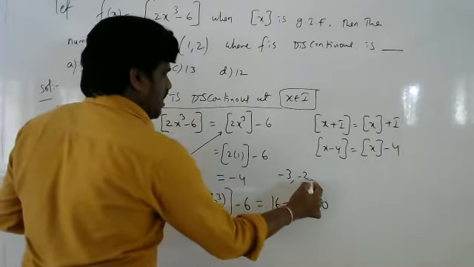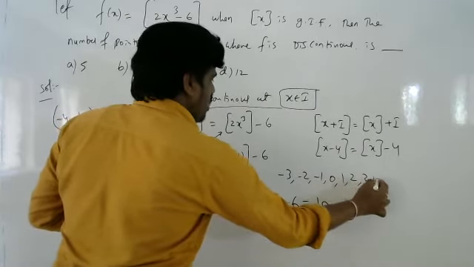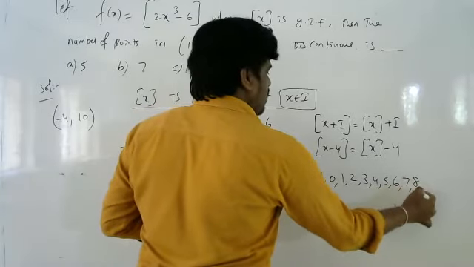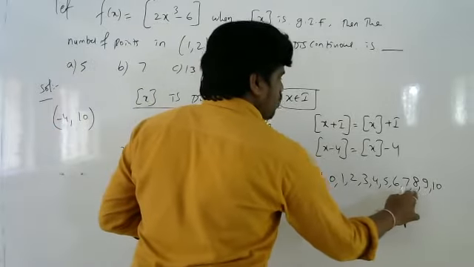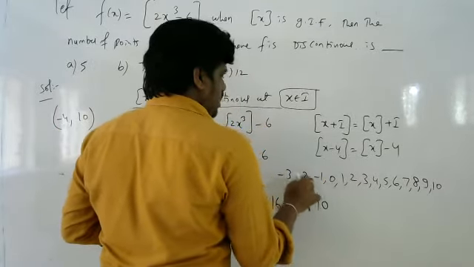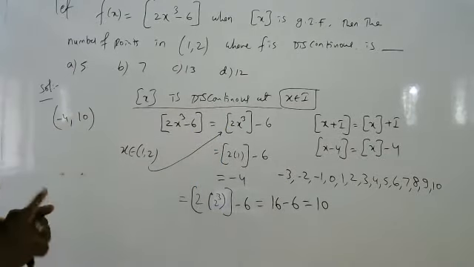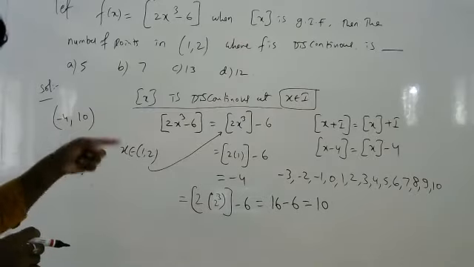Minus 3, minus 2, minus 1, 0, 1, 2, 3, 4, 5, 6, 7, 8, 9, 10. So here you count: 1, 2, 3, 4, 5, 6, 7, 8, 9, 10, 11, 12, 13. See, minus 3 point something is there. Minus 3 point something, greatest integer is how much? Minus 4 I get.